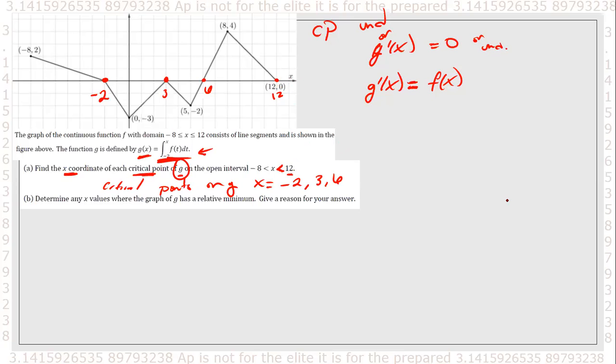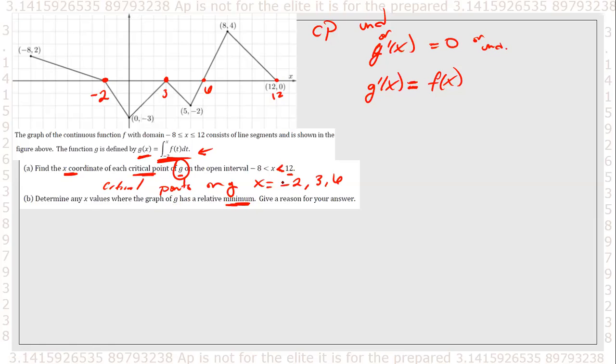Okay. All right, the next part says determine any x values on the graph of g that have a minimum. Luckily for us, this is a continuation from this part. Minimums and maximums only occur at these critical points.